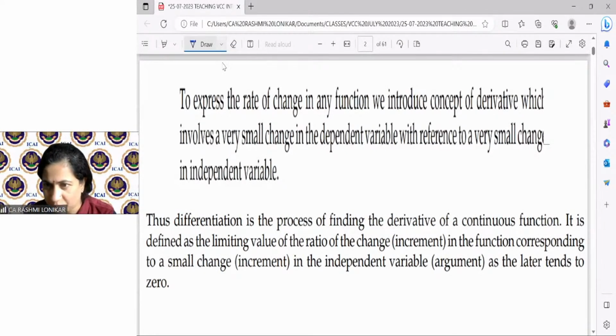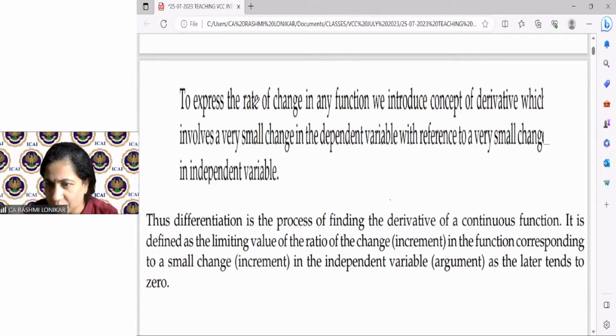To express the rate of change of any function, we introduced the concept of derivative, which involved a very small change in the dependent variable with reference to a very small change in the independent variable.